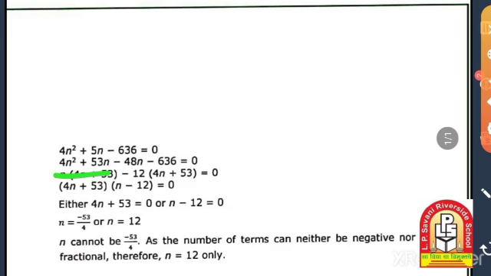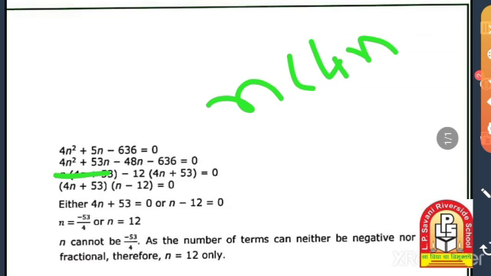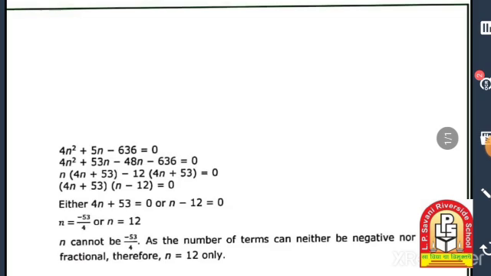Make common from these two terms, 4n square plus 53n, we get n common here. So n into 4n plus 53. Then take the minus sign, that is minus 12 in the bracket 4n plus 53.